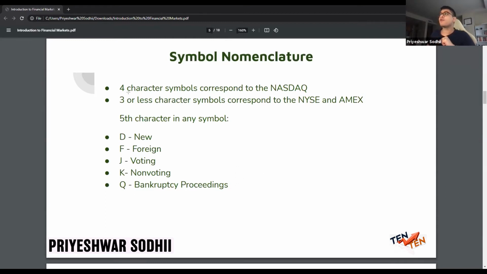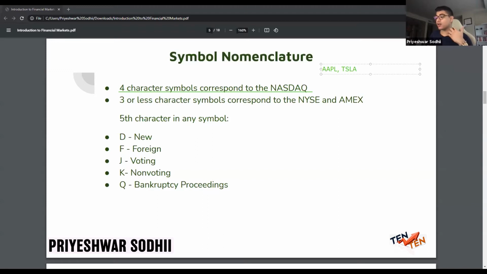So if there are four character symbols, okay, so your Apple, Tesla, these are the ones that are listed on NASDAQ.